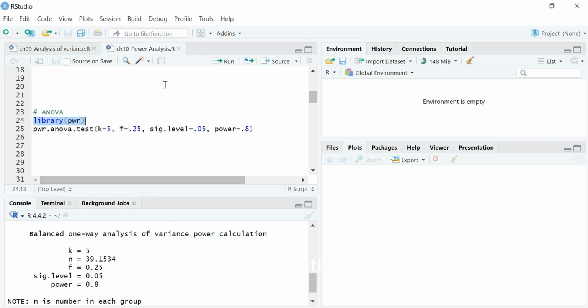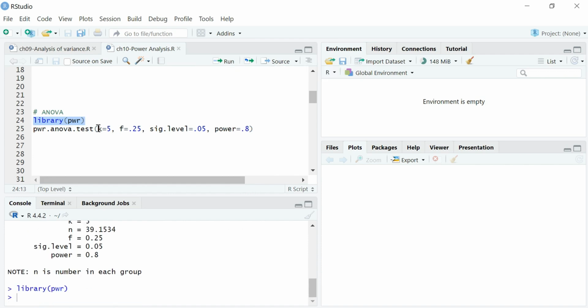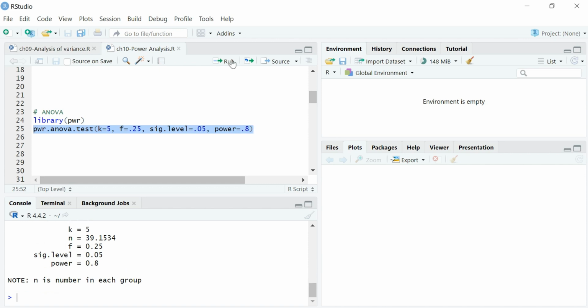First we have to load this pwr package. Then we use pwr.anova.test with k equals 5 and f equals 0.25, the significance level is 0.05, and the power is 0.8.